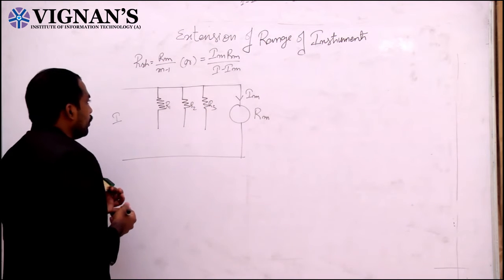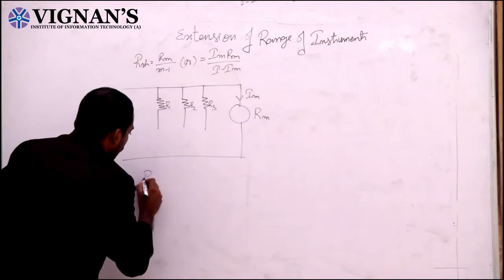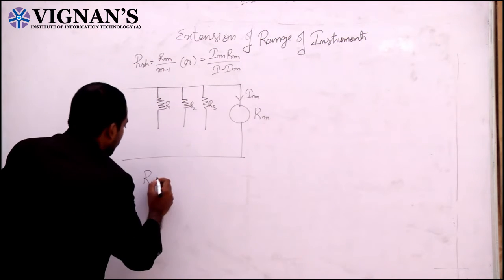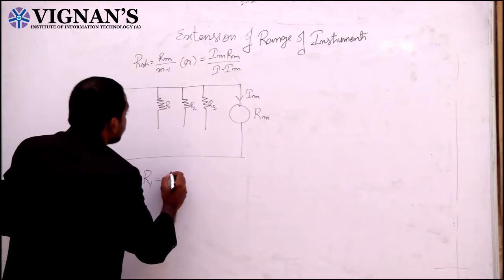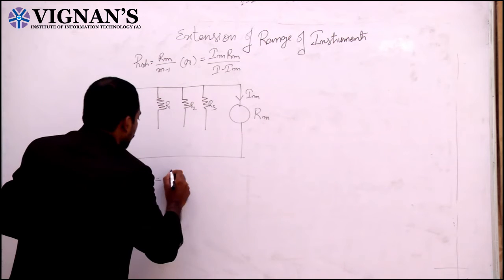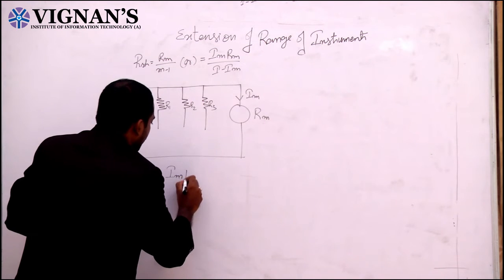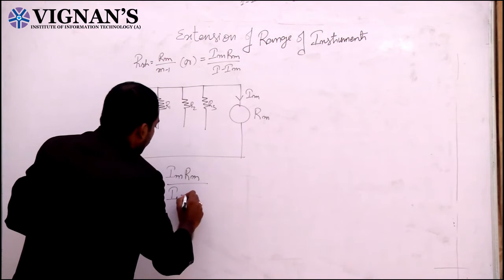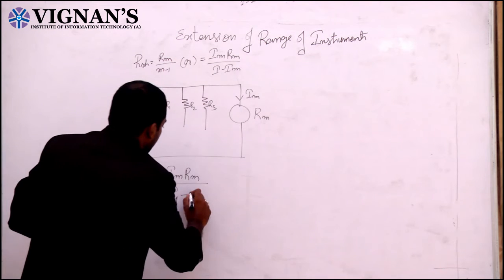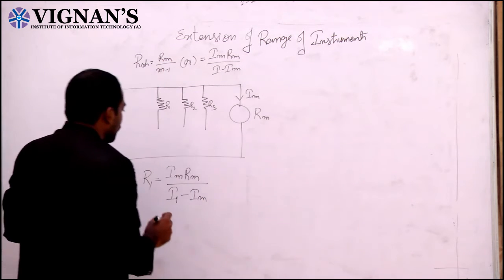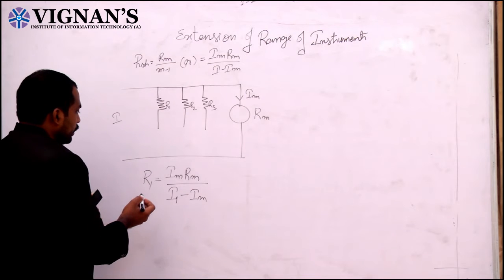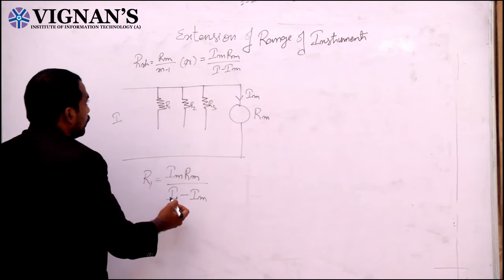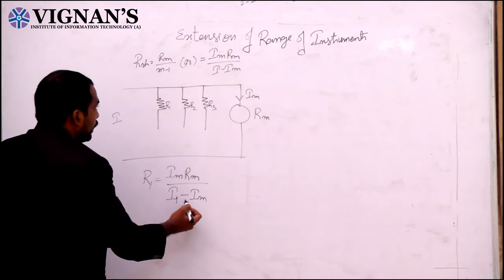Now the value of R1 to measure an unknown current quantity is R1 is equal to Im into Rm by I1 minus Im, right? That means in the previous case we got RSH is equal to Im into Rm by I minus Im.